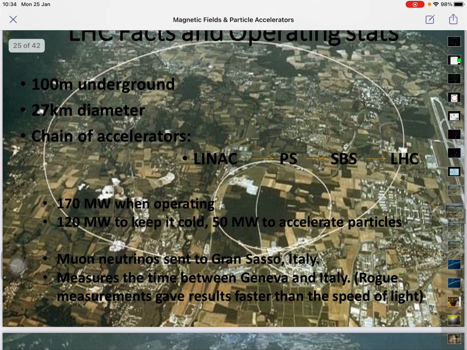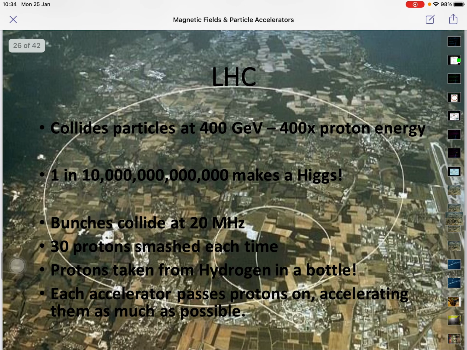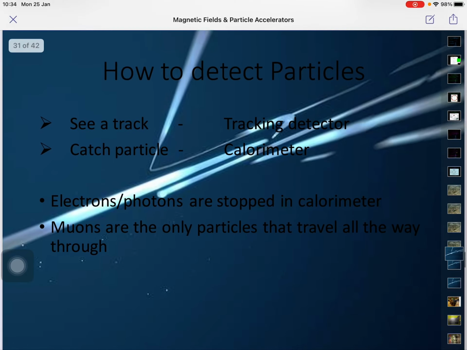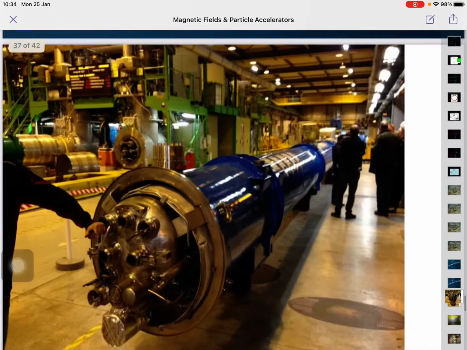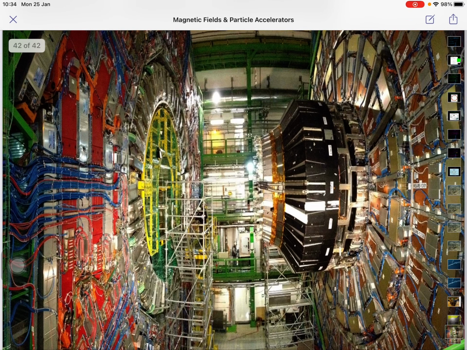Again, we could talk about this for hours, but feel free to have a look into it yourself. There is a good picture here of one of the detectors, and this just shows you how complex it is. This is where the particles meet.